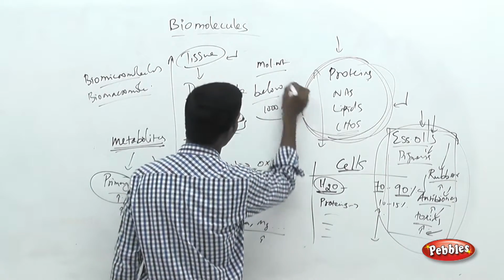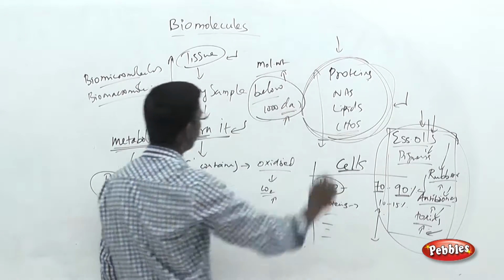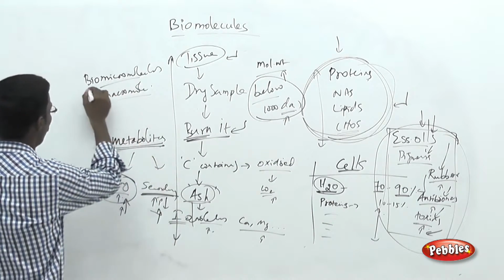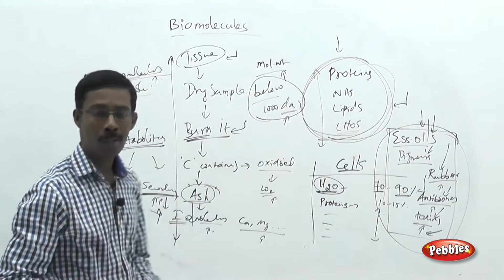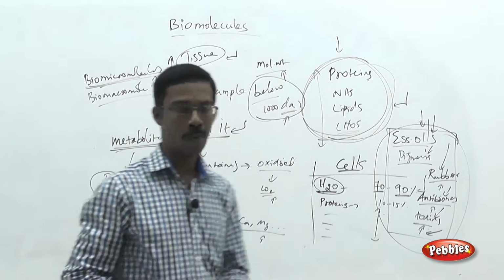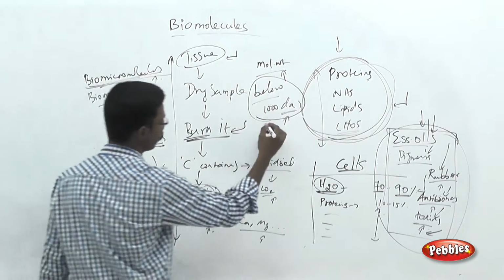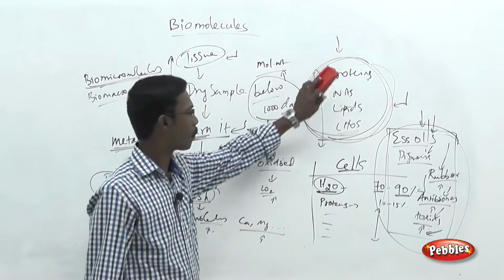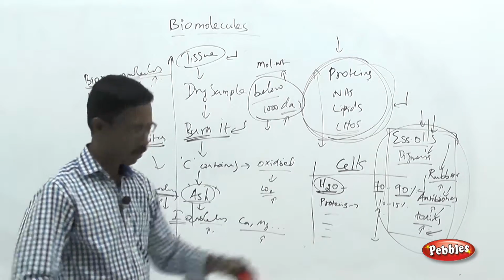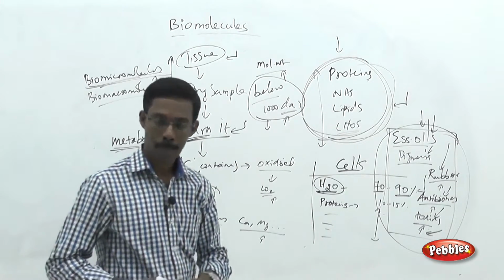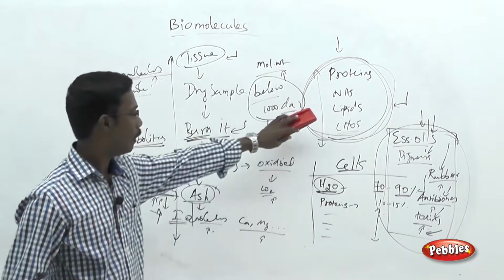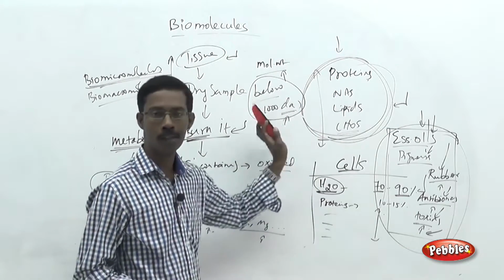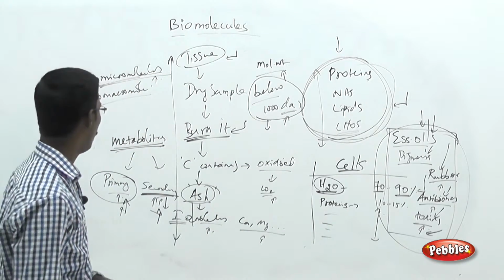So anything below 1000 Dalton will be called micromolecules. Anything above 1000 Dalton will be called macromolecules. Here, proteins, nucleic acids, lipids and carbohydrates are bio-macromolecules, because their molecular weight is normally larger than 1000 Dalton.